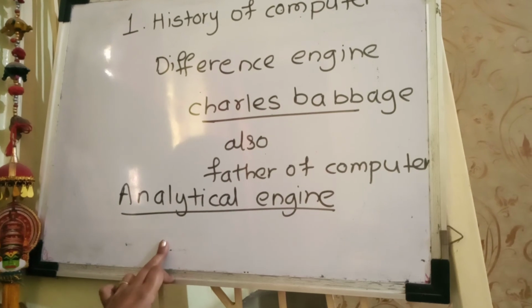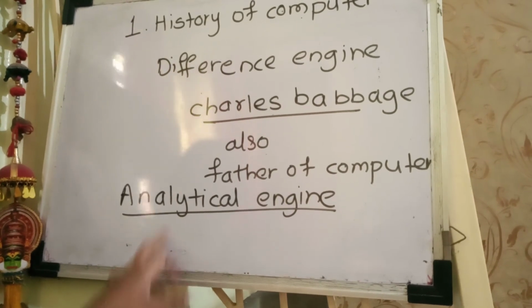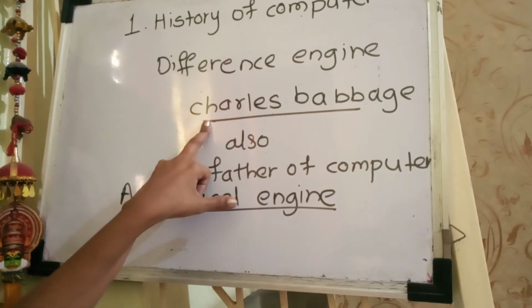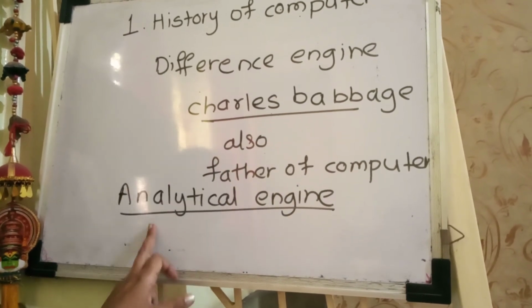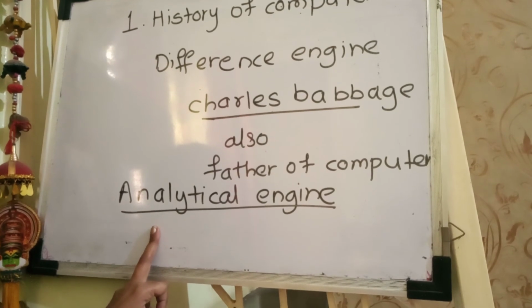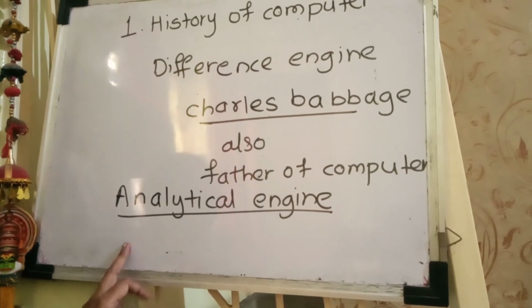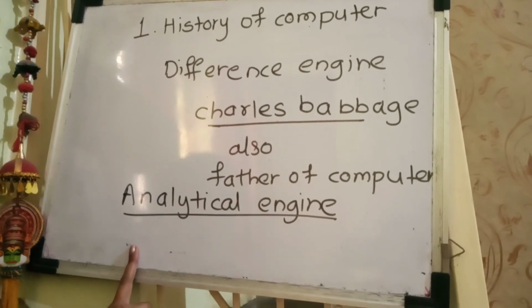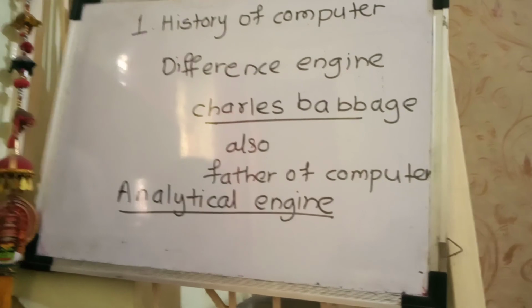The analytical engine was also developed by Charles Babbage. It was considered the world's first general purpose computer. It was designed to perform any calculation. The machine consists of four components: mill, store, reader and printer.